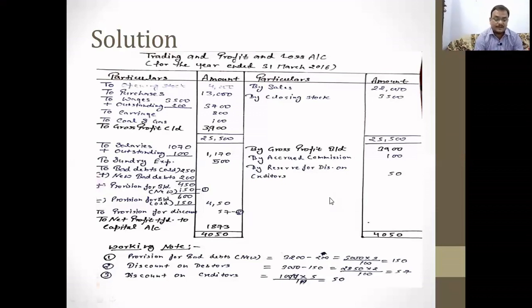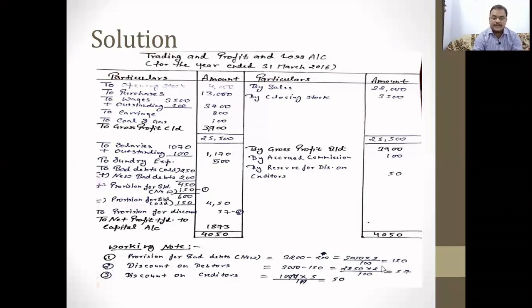Now there are some provisions for bad debts. 5% provision for bad debt on debtors. So for this, what will you do? The total debtors you have is 3200, and 200 has to be written off. So see working note number 1, I have shown you here. How will you find the provision for bad debts? You have 3200 total debtors, out of which 200 of bad debts you have to write off. So 3200 minus 200, see the net amount is 3000, and you have to find out 5% on 3000, that is 150 rupees.